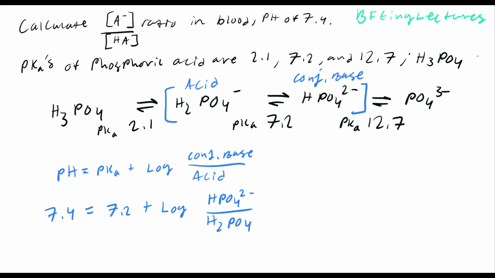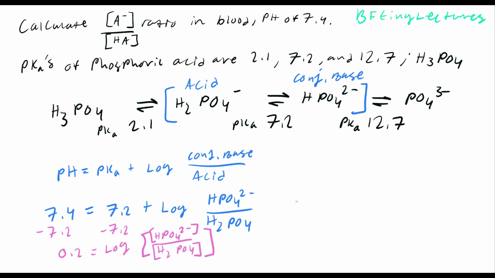So what I do is I'm going to subtract 7.2 by this. So 7.2 right there. Well, that's going to give me 0.2, and that's equal to the log of HPO4 2 minus over H2PO4. Okay? Now we're going to solve for this, and if you know how to solve for it, it's pretty easy.